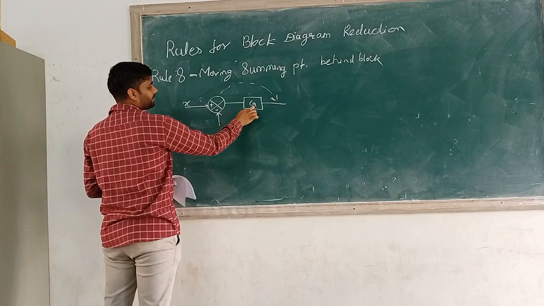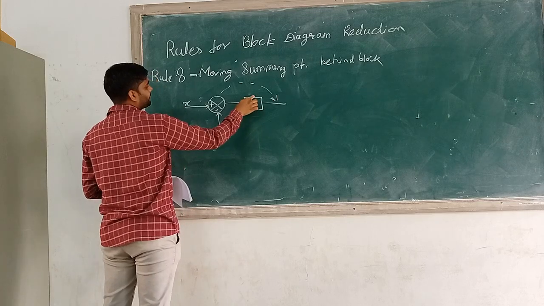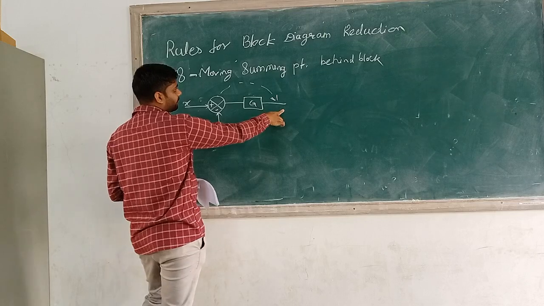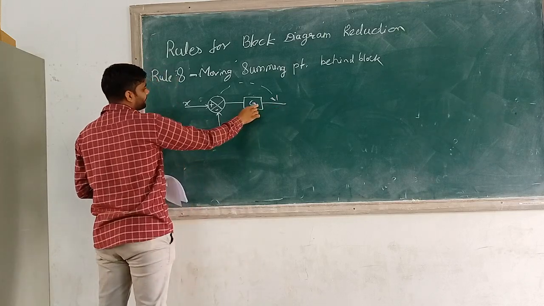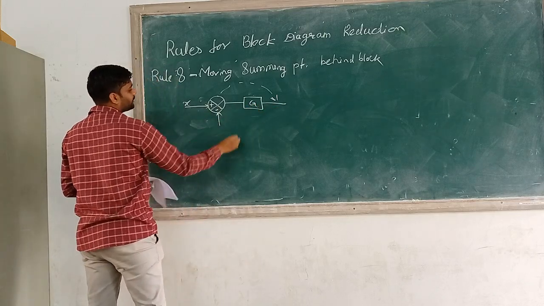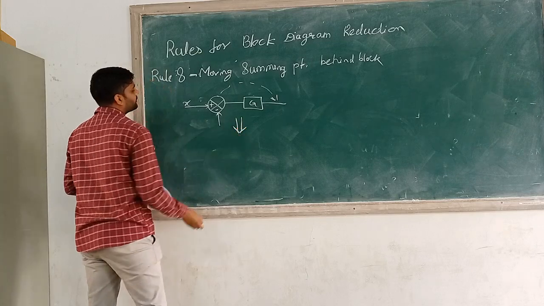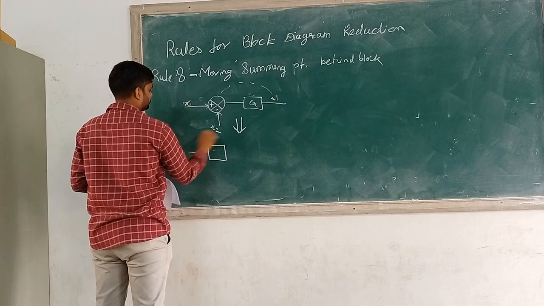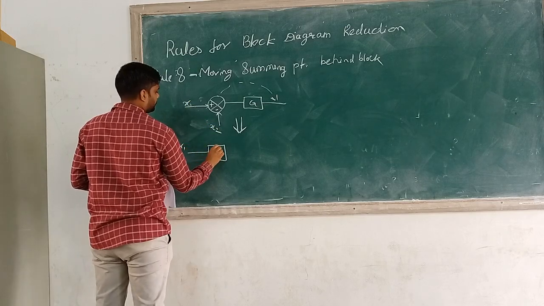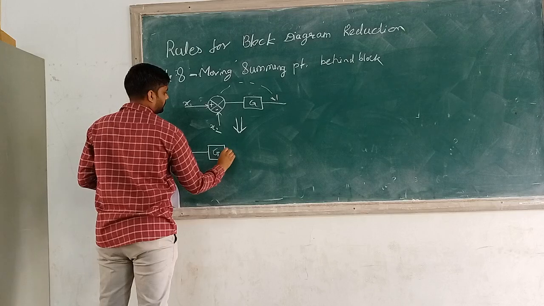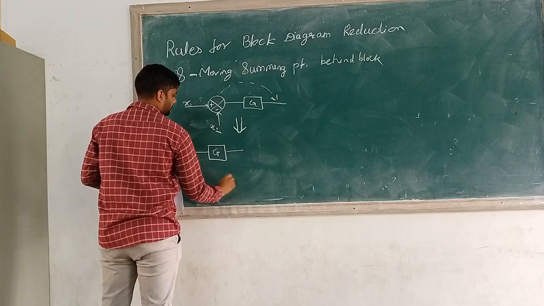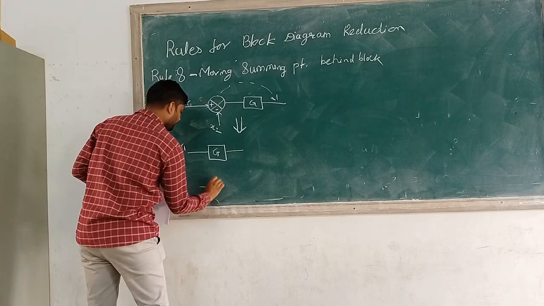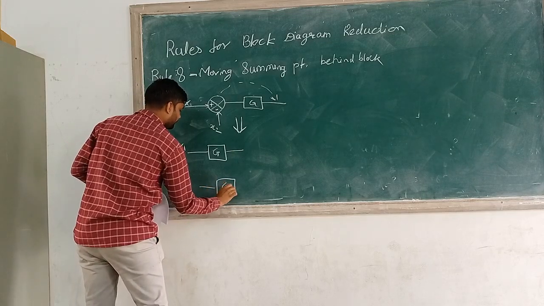They are going to add this function G. But if you want to move this summing point behind this block, then we need to add this G in each of the input lines of this summing block here. This one for x1 and this one is for x dot.